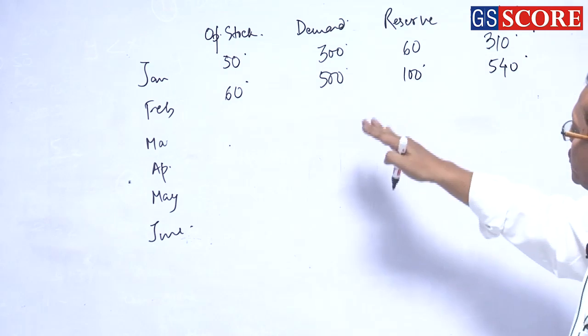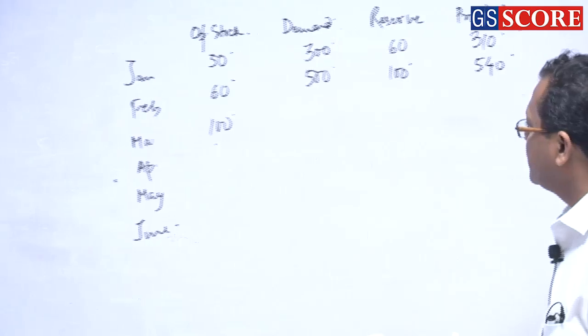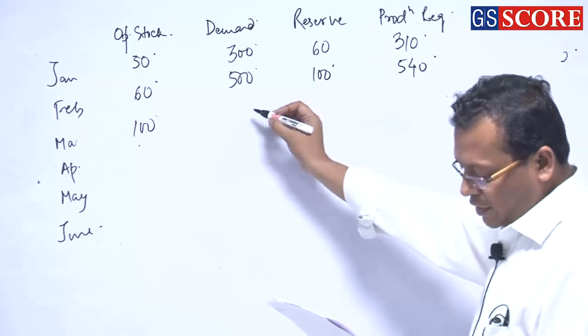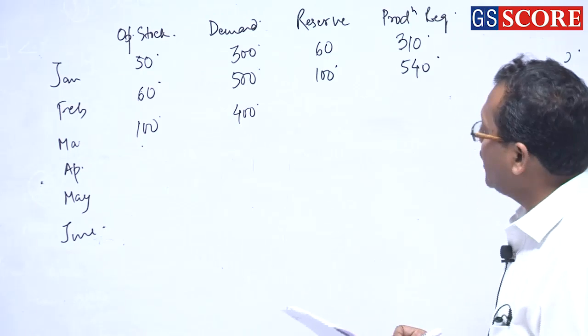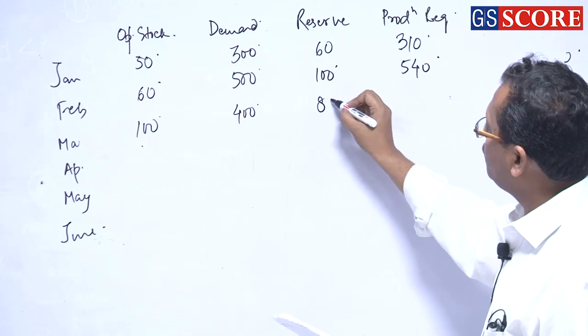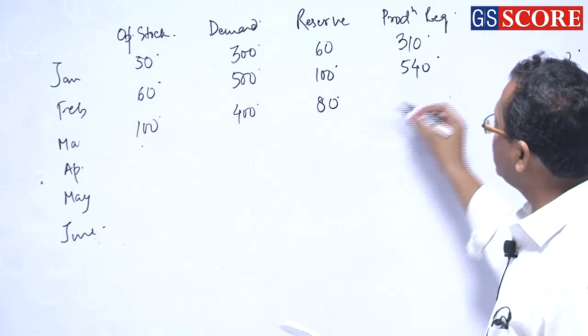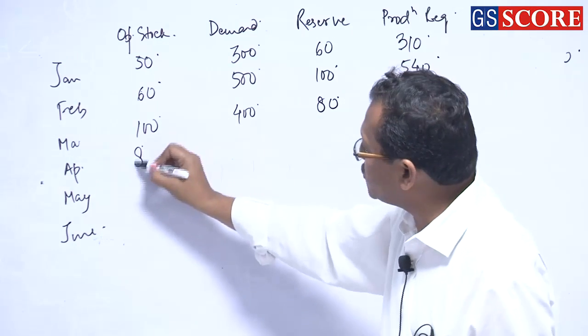Then comes March. The opening stock is 100. The demand given is 400, and 20% of 400 is 80. So 480 minus 100 is 380. So 80 becomes the opening stock for April.